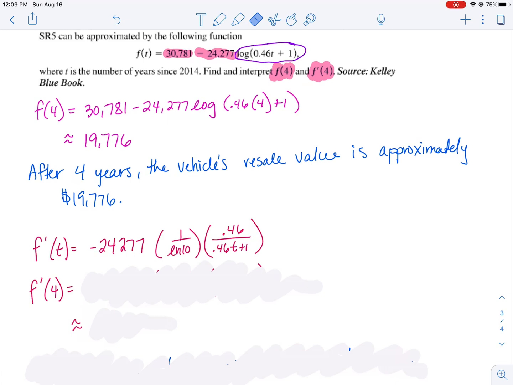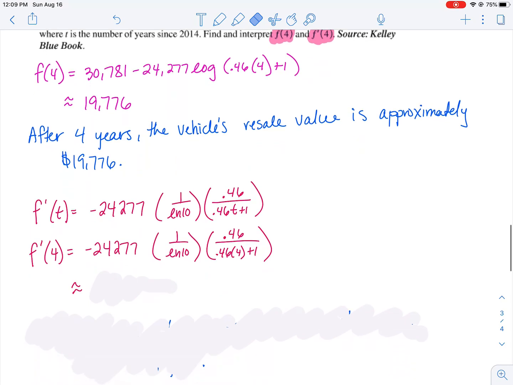So this is my derivative of f, or my rate of change, my change in my resale value at any time. Now let's figure out what it is when t equals 4, or in 2018. I can plug in a 4. And again, you should be pausing your video. You should be plugging this into your calculator so that you know how to get the correct answer, making sure you know where your log button is and your natural log button so that you can calculate all of these answers correctly.